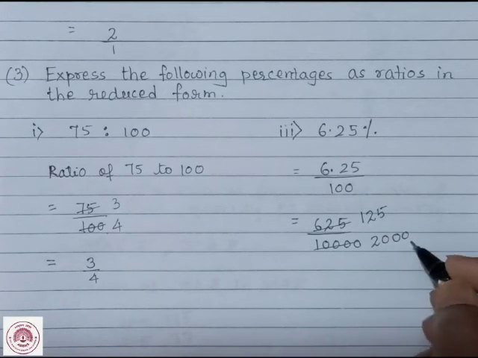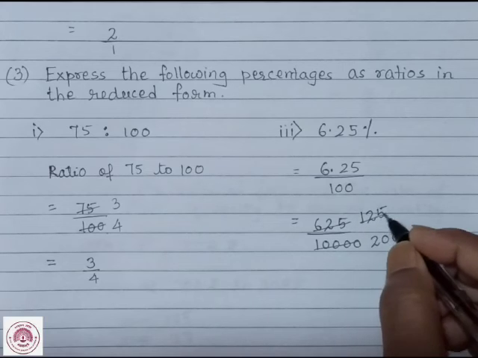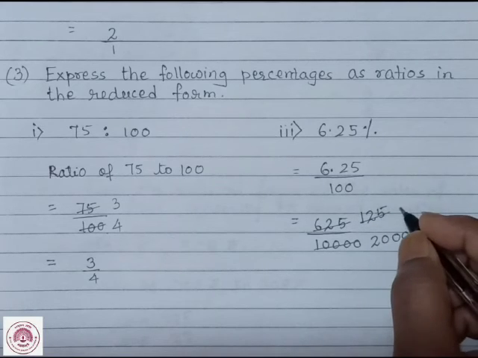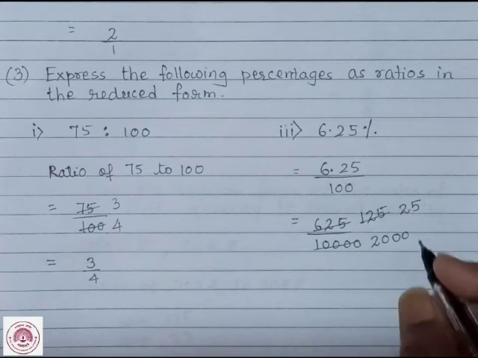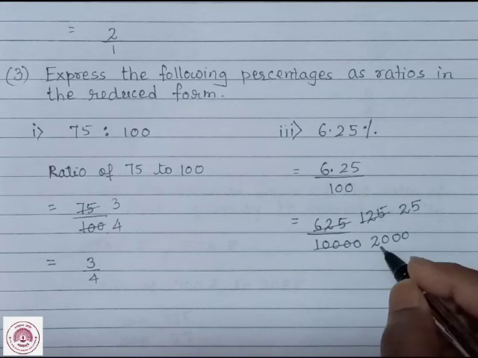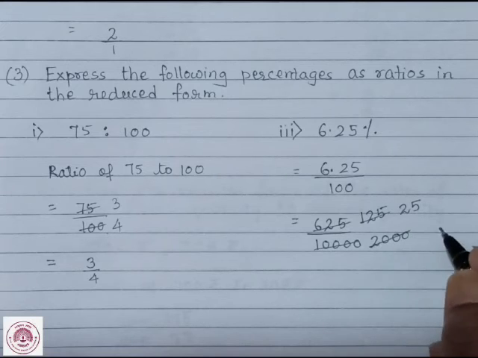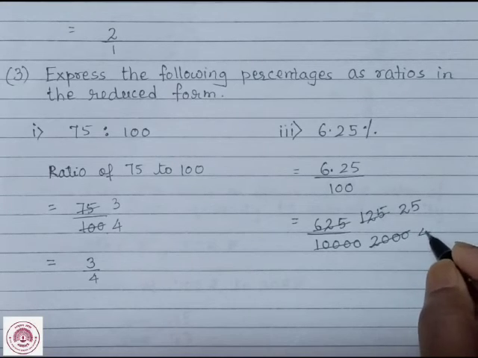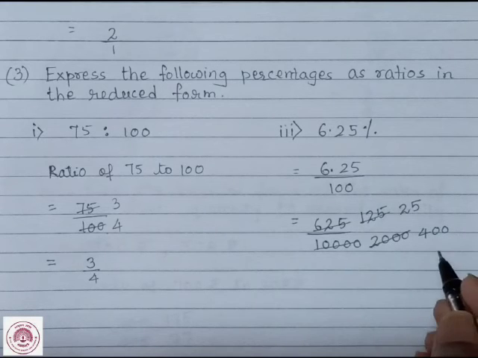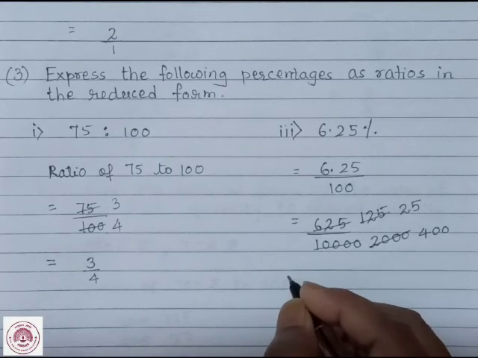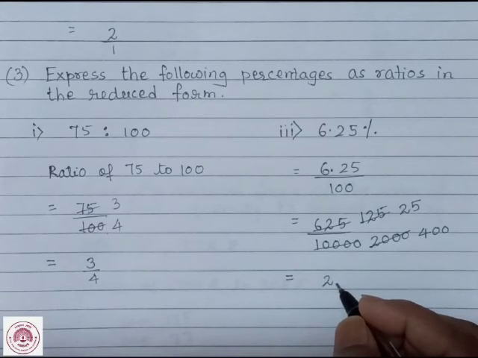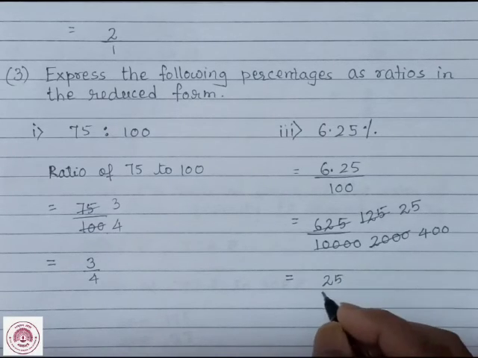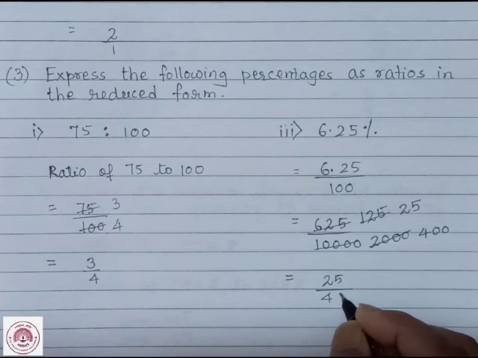Now again these two numbers are divisible by 5. So we'll divide it by 5. 5 5 times is 25. Similarly we'll divide this also by 5. 5 4 times is 20. Now after that we have 2 zeros. So we have got here 400. This is equal to, let's write it again, 25 upon 400.